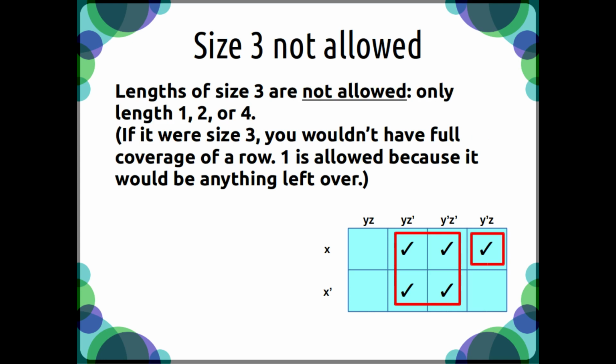So if you investigate this, if you have something of length 2 in a row, that means you're getting all of y, or all of z prime, or all of y prime, or all of z. If you're doing it vertically, then you have x and x prime. Now, if you're only doing 3, it doesn't really cover any consistent state of some variable. And a block of 1 is allowed because that will just be whatever's left over.